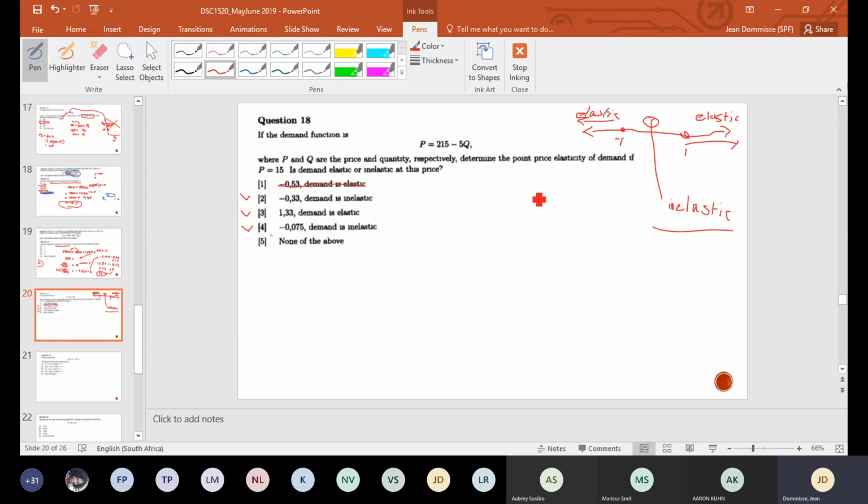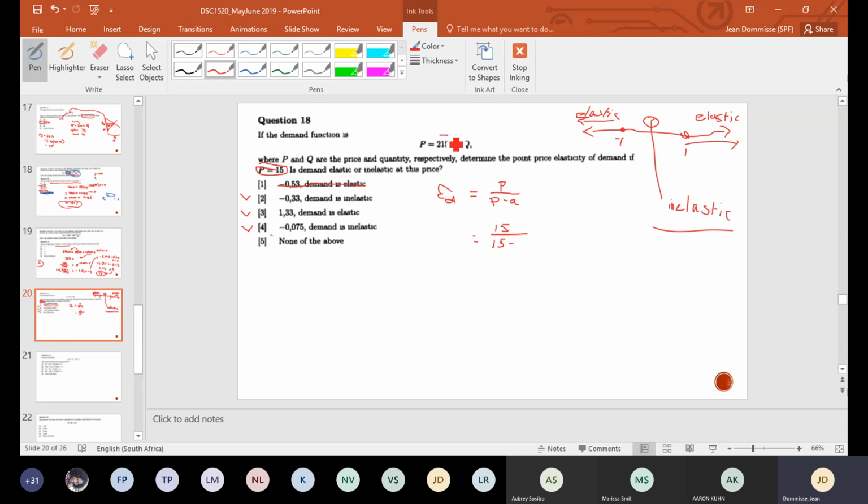The next thing is that there are a few formulas, but I would first try to use the easier formula, P over P minus A. They tell us P is equal to 15. And what will A be?